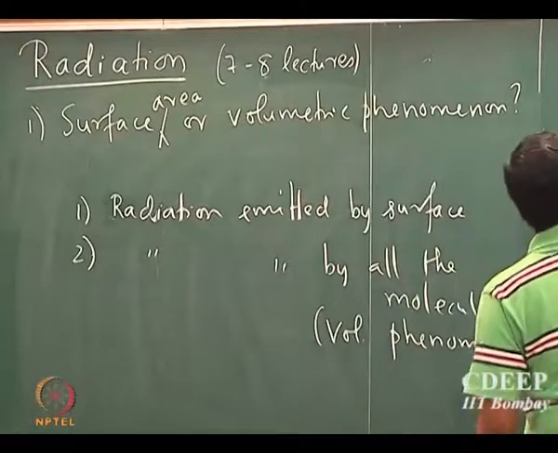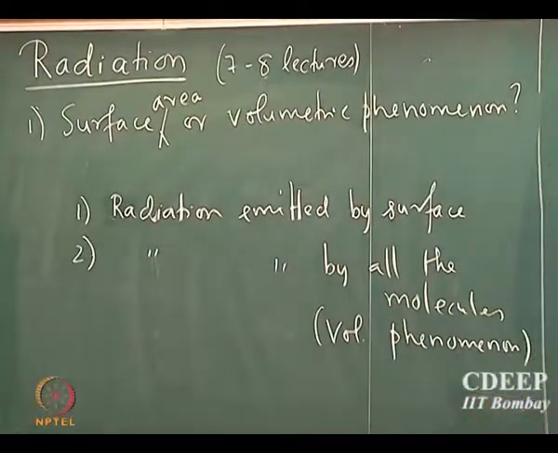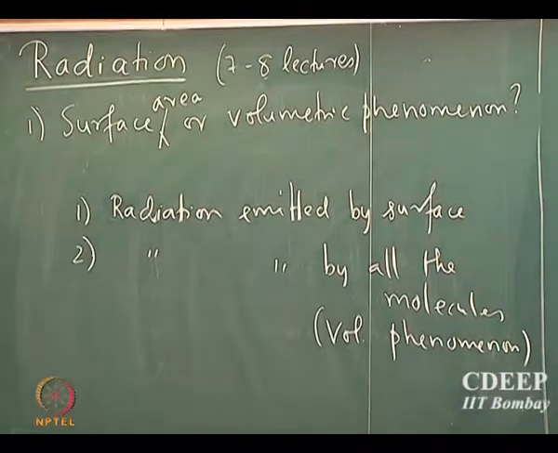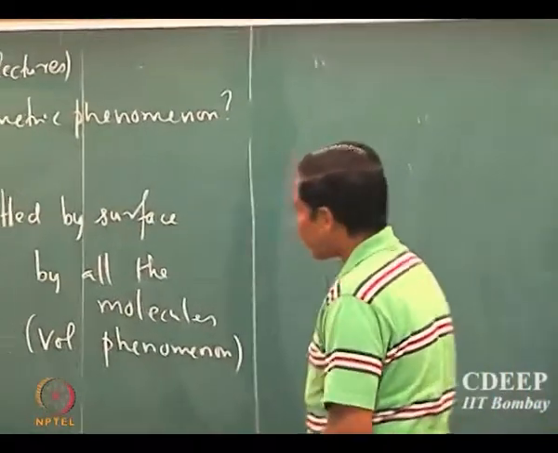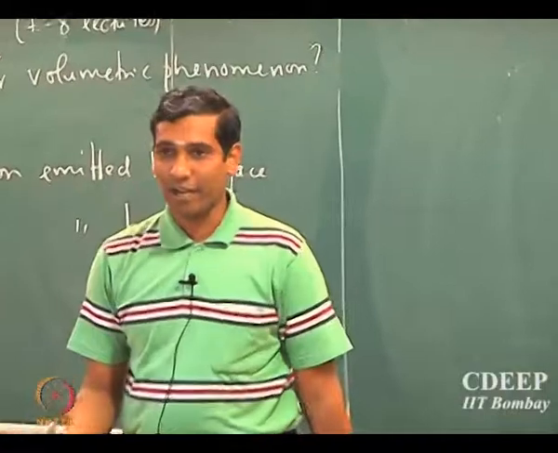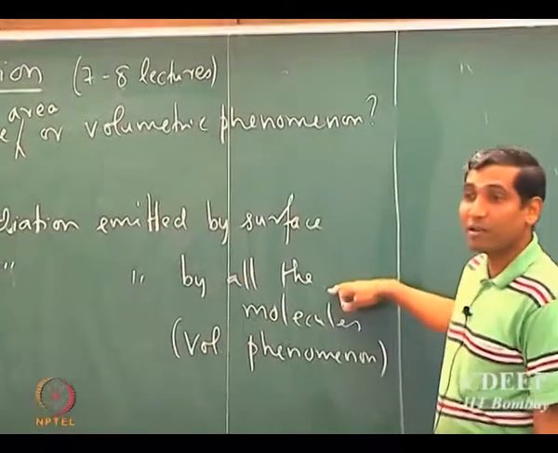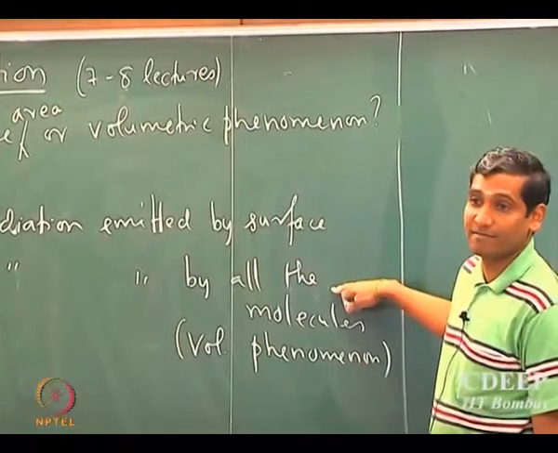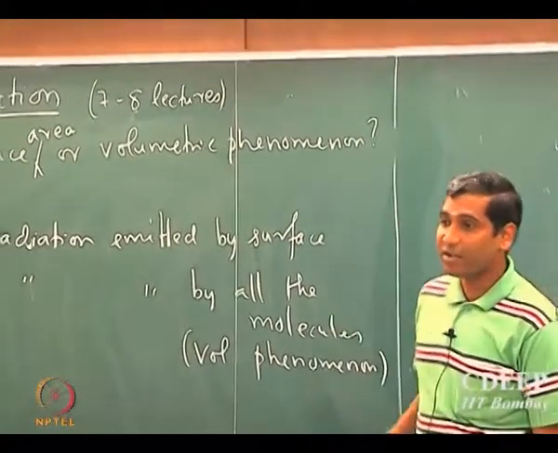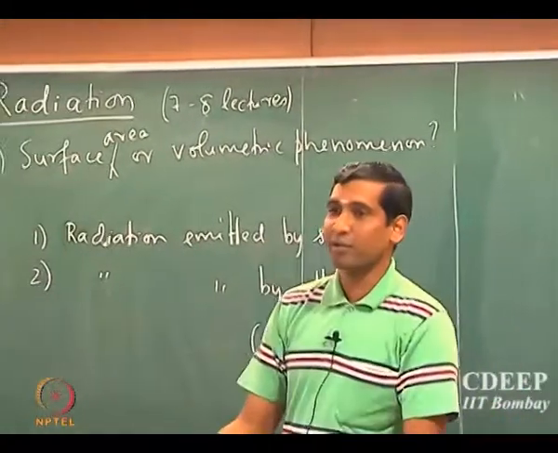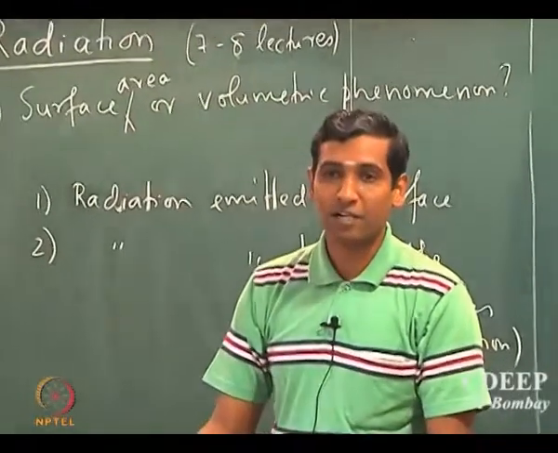You would not intuit why both are right, so that's what we are going to explain in the next few minutes. In fact, for any material that you take, the second suggestion is always right. The radiation is emitted by all the molecules present in the matter that you are considering.